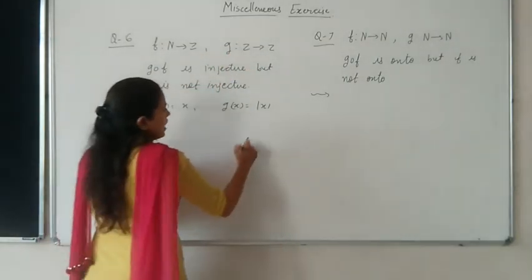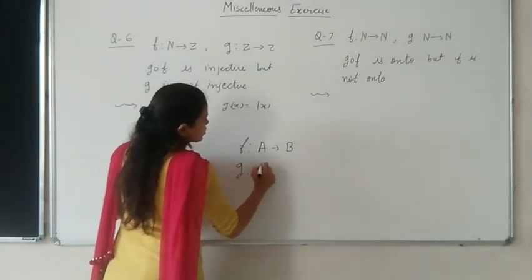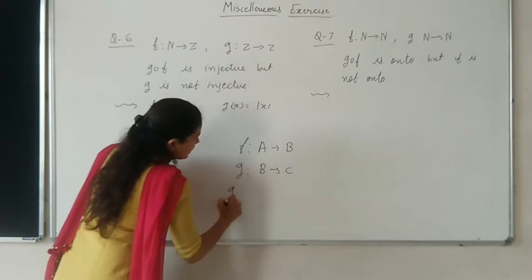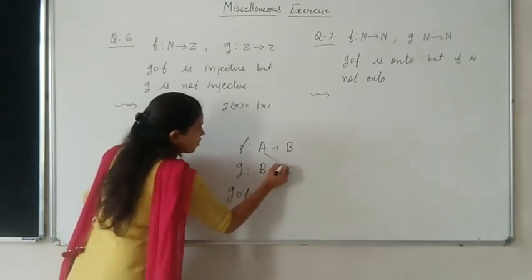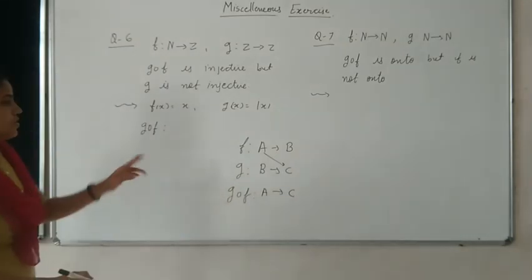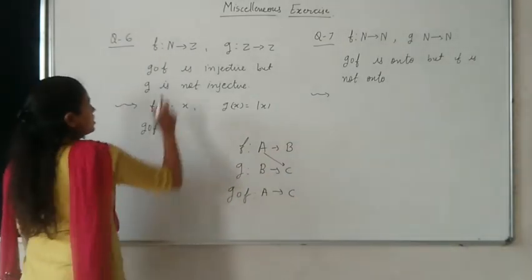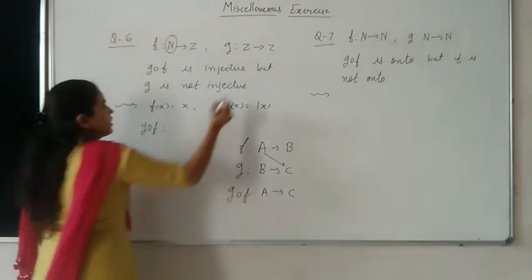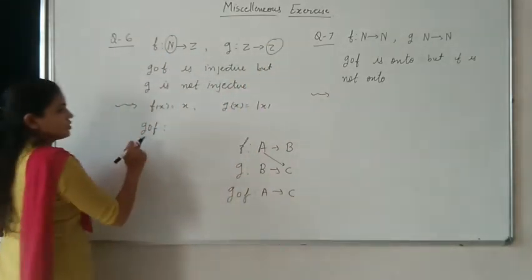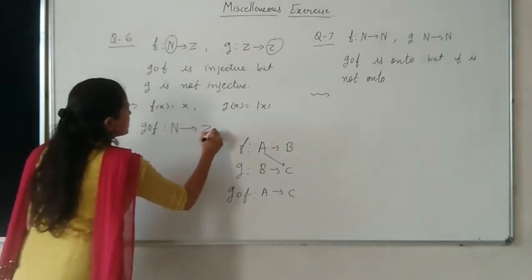Remember students, if f is a function from A to B and g is a function from B to C, then the composition is a function from A to C. So this is our set A and this is the set C. So g composition of f is from N to Z.